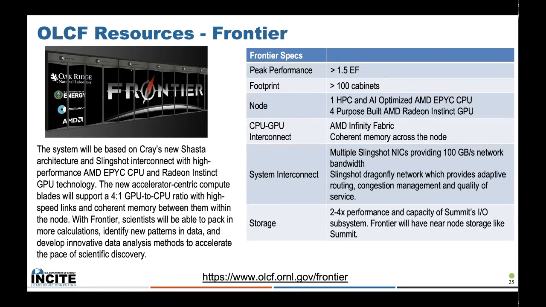CPU and GPU will talk through AMD Infinity Fabric, and the nodes are connected through a Slingshot Dragonfly network. The I/O capacity will be 2 to 4 times that of Summit. This is all approximate numbers, obviously. Please bear in mind that Frontier is still under NDA and we cannot reveal all the details.